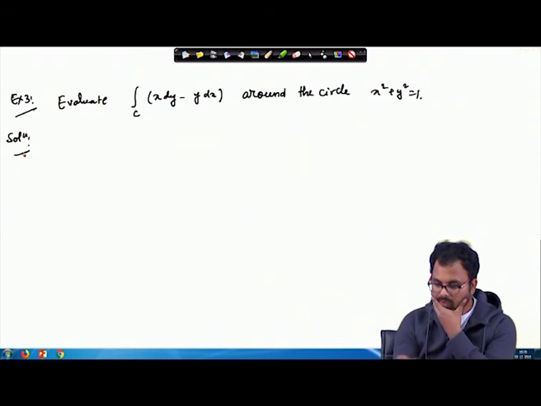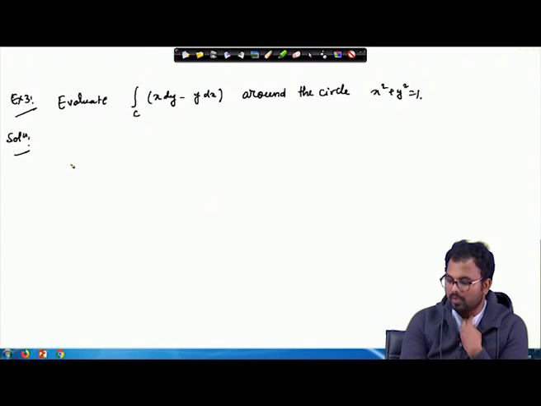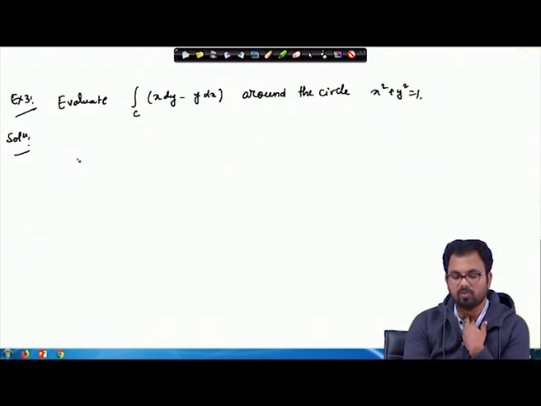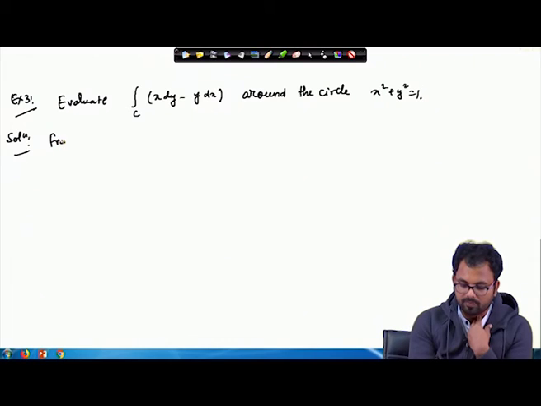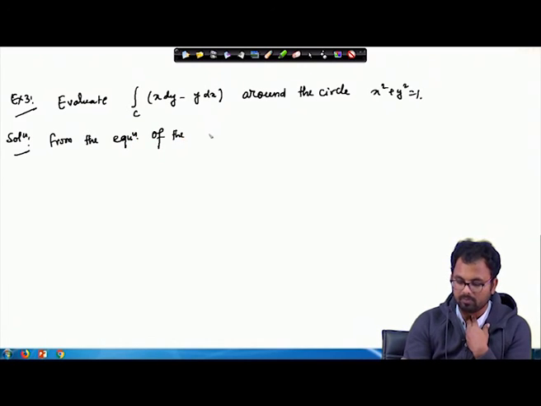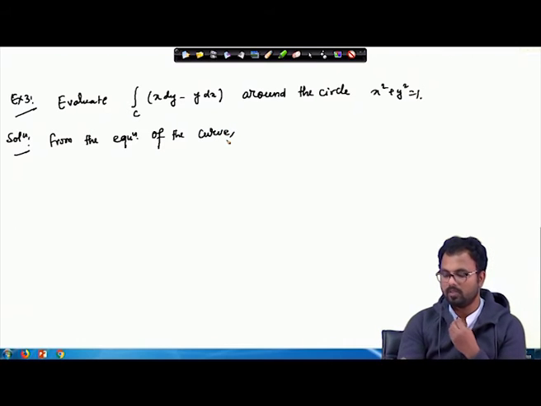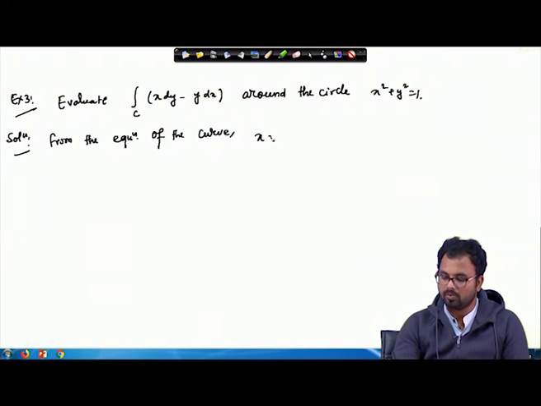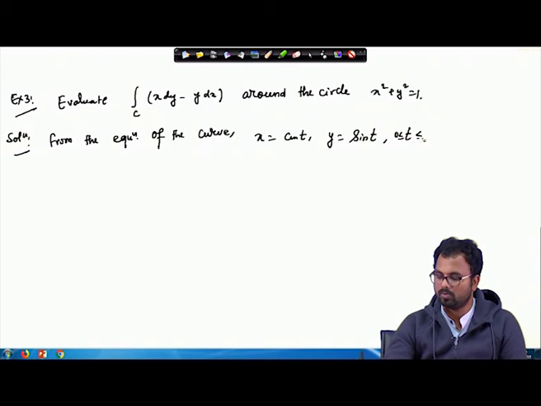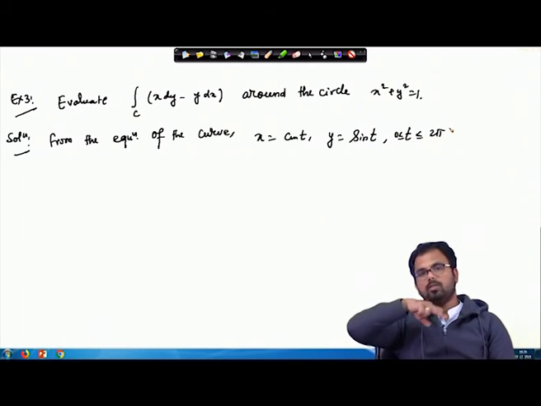It is also very easy to get the function f from here. Let us see. The given equation of the circle is x square plus y square equals 1. From the equation of the curve, we have x equals cos t and y equals sin t, where the radius is 1 obviously, and t is running between 0 to 2 pi, because we have a closed circle.